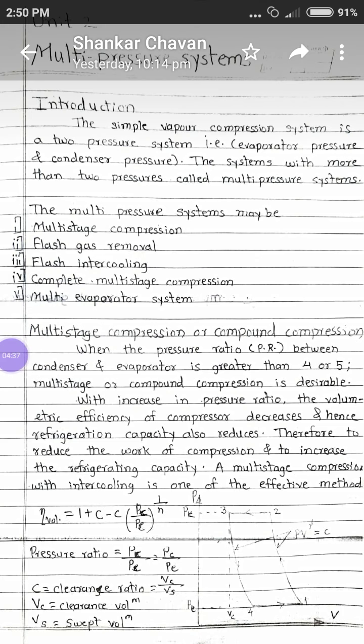Hence when the pressure ratio between the condenser and evaporator is greater than 4 or 5, multi-stage or compound compression is desirable. With an increase in pressure ratio, the volumetric efficiency of the compressor decreases, and hence the refrigeration capacity also reduces. Therefore, to reduce the work of compression and to increase the refrigeration capacity, multi-stage compression with intercooling is one of the most effective methods.